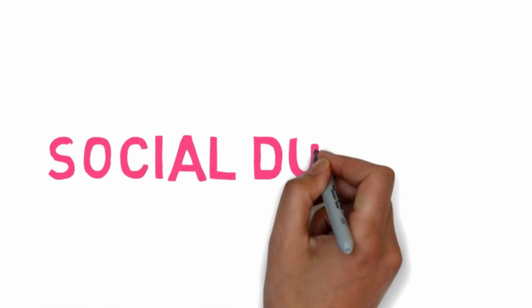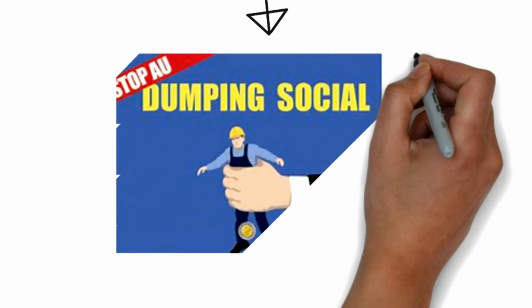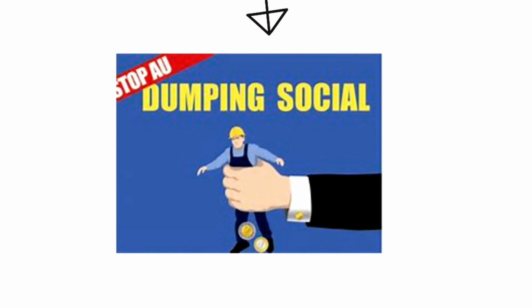Let's now move on to social dumping, which means that a company seeks to minimize its costs by hiring workers from other countries to pay cheaper contributions or ultimately to increase its turnover.